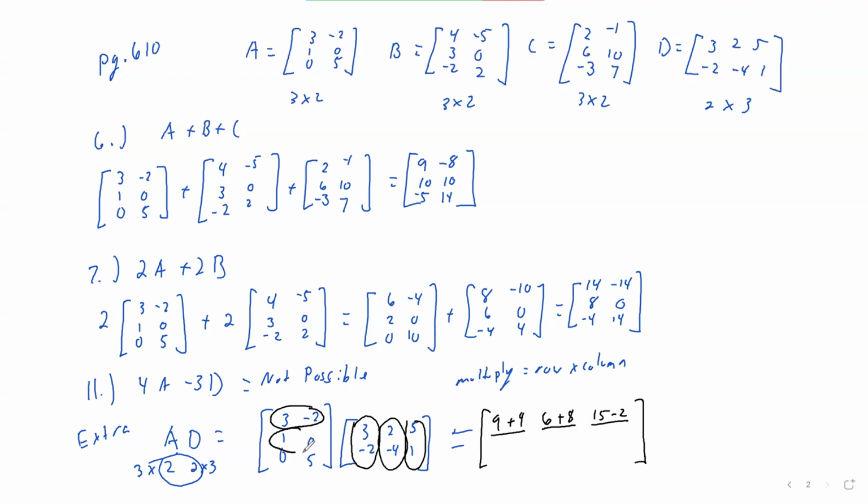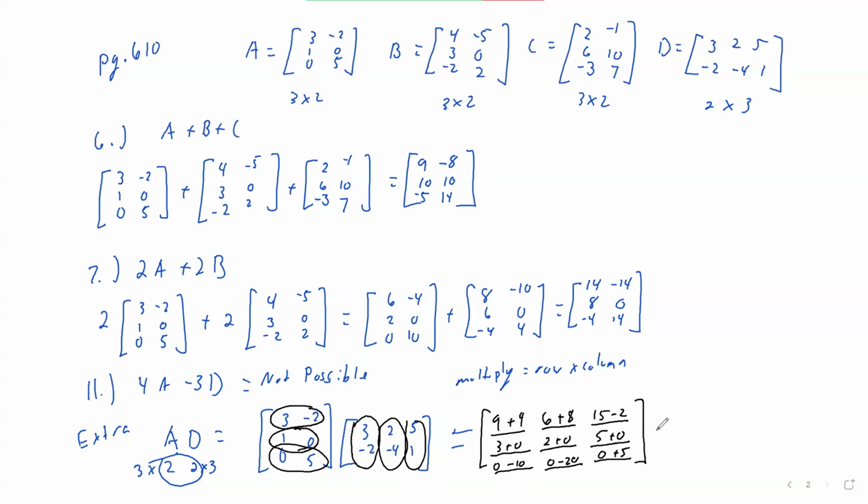Now I'm going to take this row, second row, and multiply each column. And that result will go in the second row. So that becomes 3 plus 0, 2 plus 0, 5 plus 0. And then the last row becomes 0 minus 10, 0 minus 20, and 0 plus 5.